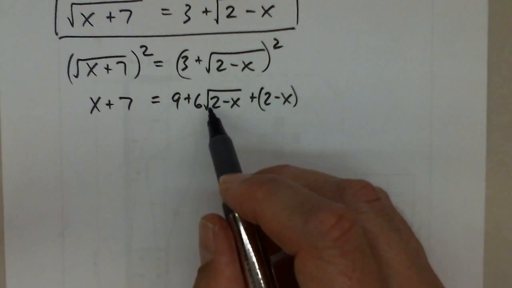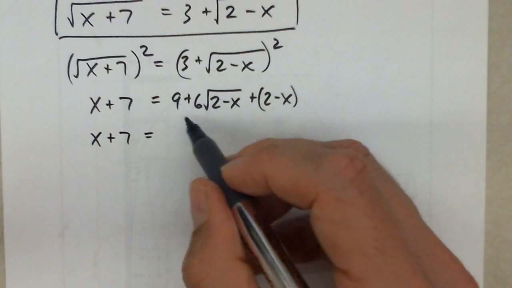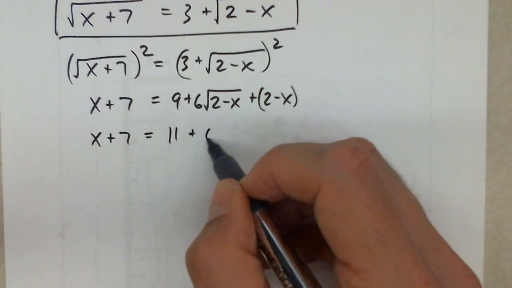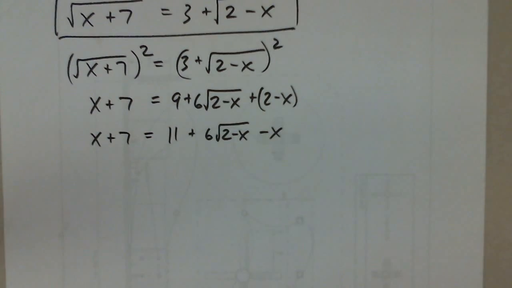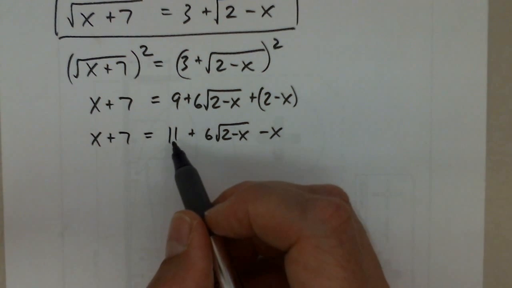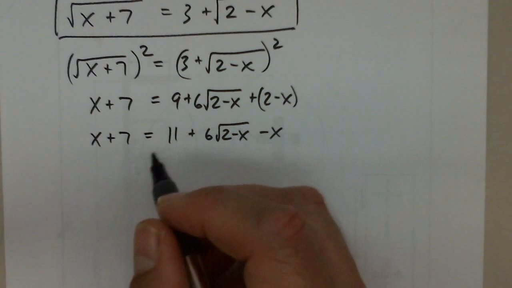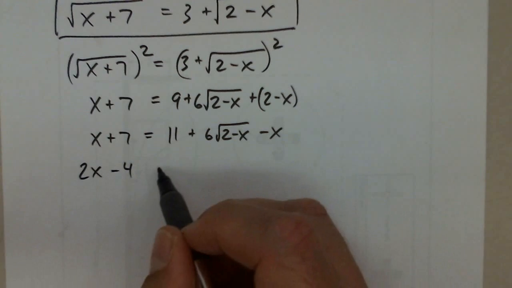And now we want to get the radical by itself. 9 plus 2, and we're going to go minus 11. That'll give us negative 4 plus x.